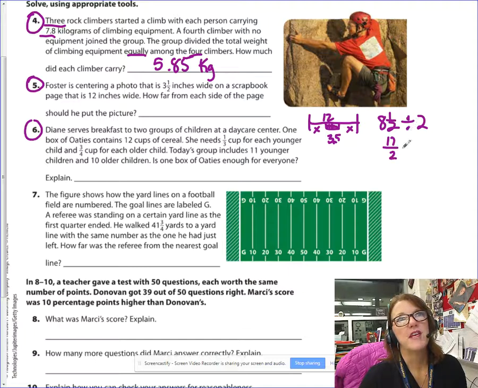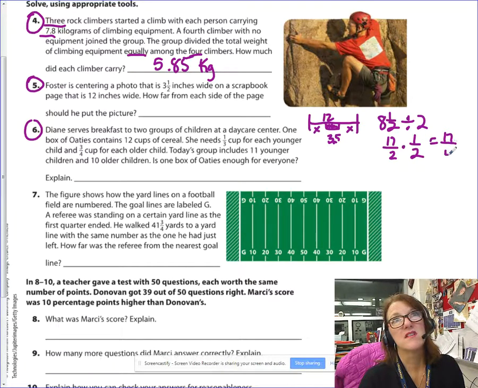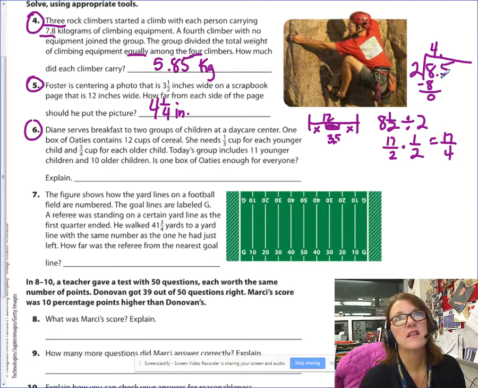Remember that dividing means multiply by the reciprocal of 2, which is 1/2. Okay, you'll get 17/4, which is 4 1/4 inches. If you did it decimal way, you would have taken that 8 and 5/10 and divided it by 2. That gives us exactly 4 in front of the decimal.